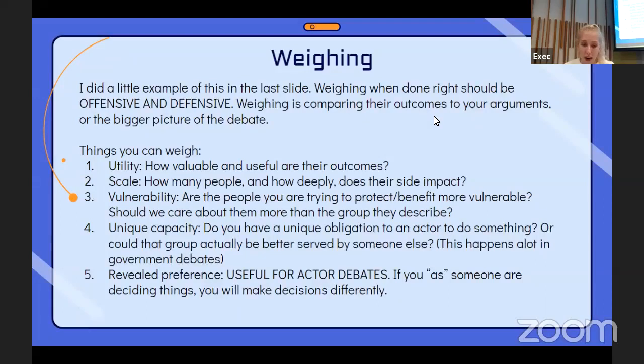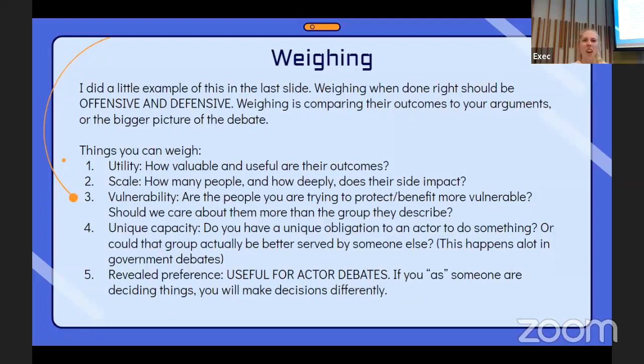The fifth way that you could weigh things is through a revealed preference. This is commonly talked about in actor debates in general. In an actor debate, you're acting as someone else. It might be you as an individual, or it might be someone completely different. I'm pretty sure on the first club night, we had an actor debate about whether you as a graduate should pick a career that's boring but pays more, or a career that's going to be really fulfilling but pays less. In that situation, what you're going to be weighing is what that person cares about. So you're trying to argue in this way, and when you're responding to another team's points, how your side better serves that particular interest of the actor.